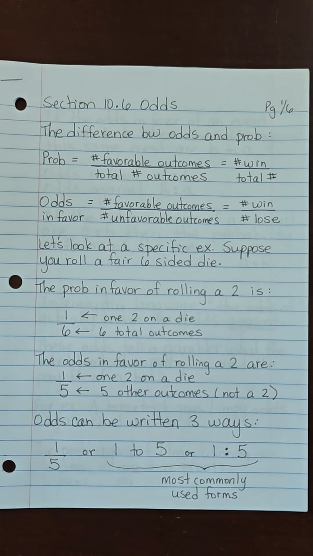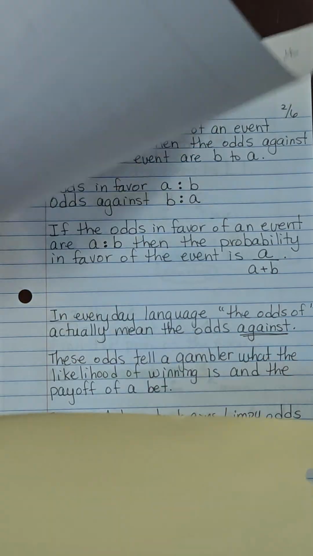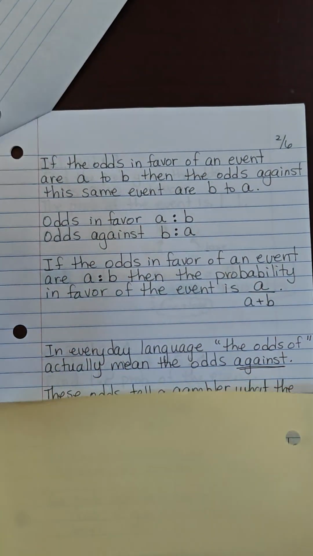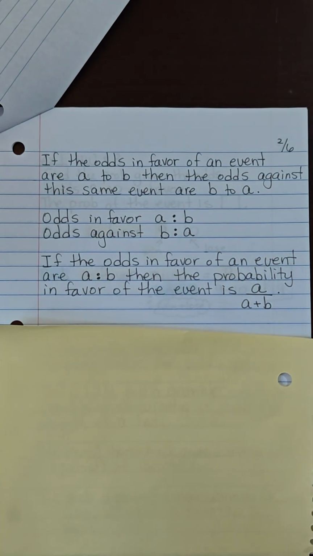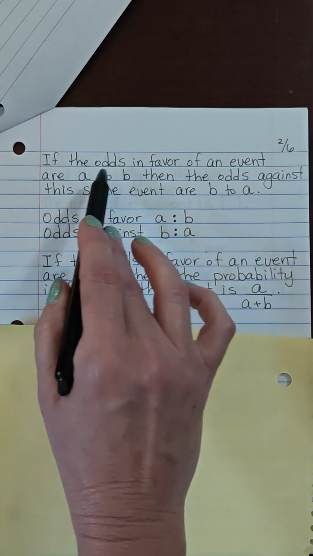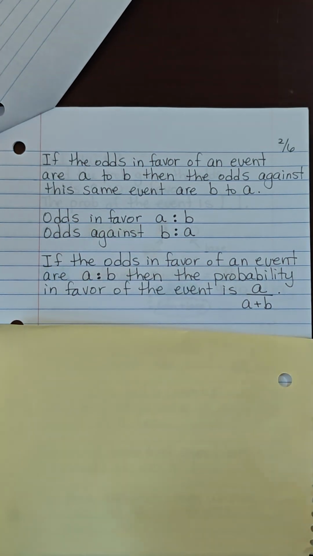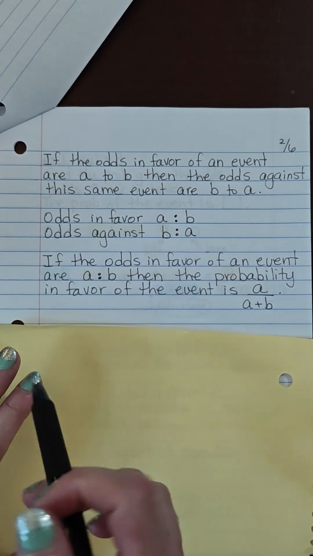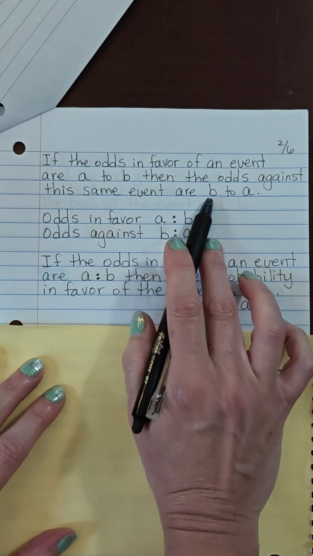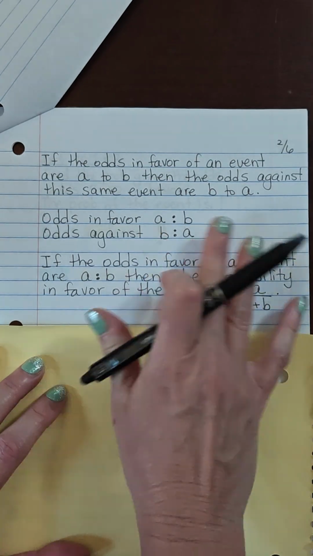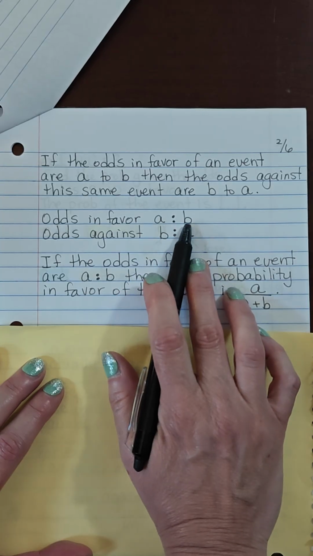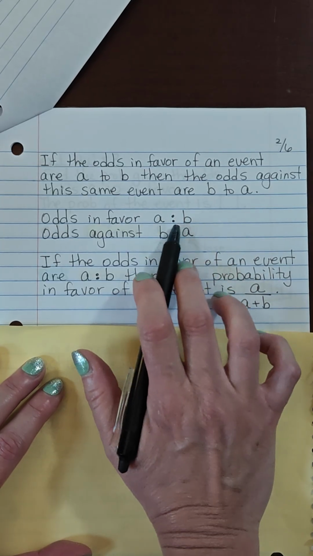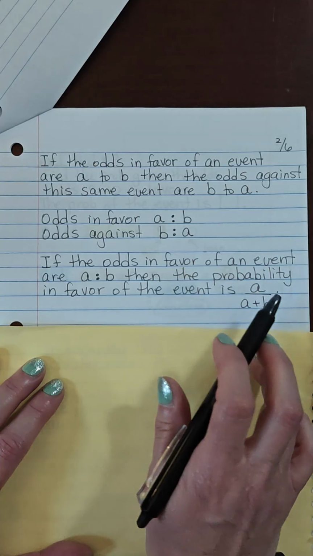All right, so if the odds in favor of an event are given as A to B, whatever those numbers happen to be for A and B, then the odds against the same event are B to A. The way we write that is we would say the odds in favor are A to B, typically using a colon or the word to.